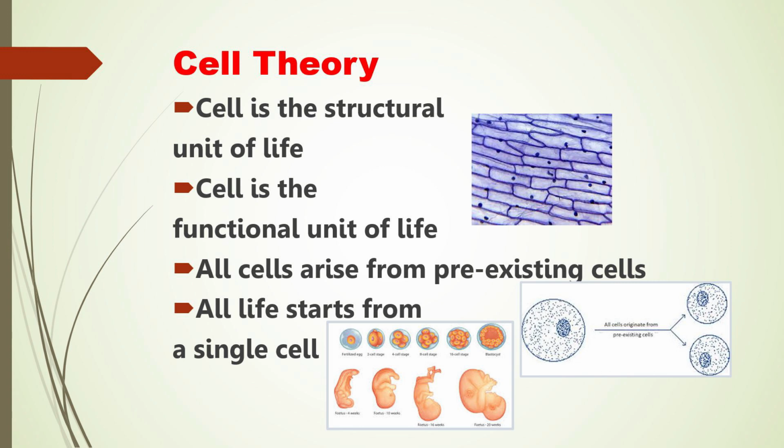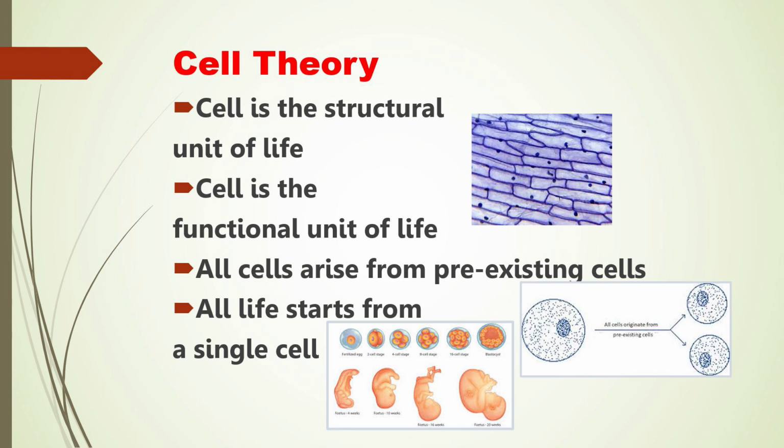The second postulate is cell is the functional unit of life, which means that whatever function a particular organism is performing or a particular organ of that organism is performing is actually done by the cell. Okay, so all these cells in a group work together, perform a particular function, and that is why we say that the cell is a functional unit of life.